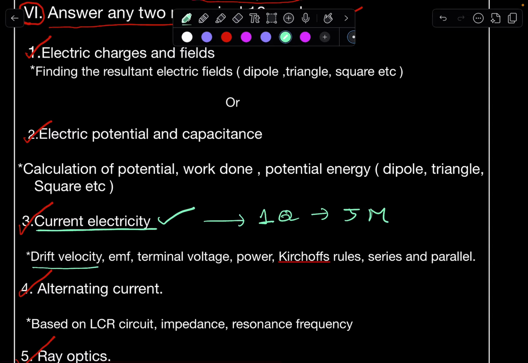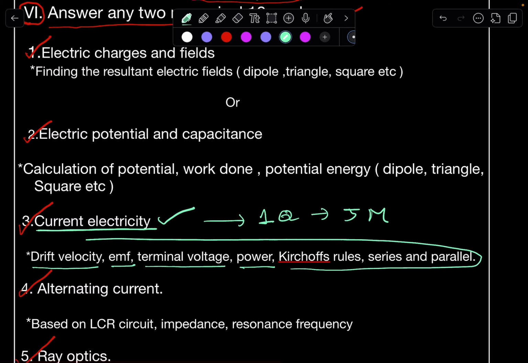Either from drift velocity, EMF, terminal voltage, or the power concept, and also Kirchhoff's rules. These are the topics from which they can ask one numerical problem in current electricity. It is a 100% sure numerical in this chapter.